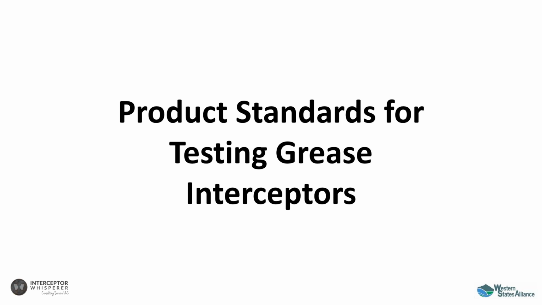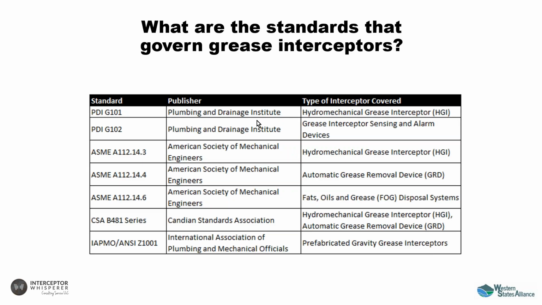When we look at the various standards that we have out there, we're looking here at PDI G101. That's the oldest standard. I'll go through these in brief, the most important ones. PDI G102, I won't go into any length of time on that because it matches a grease interceptor with a sensing or an alarm device.